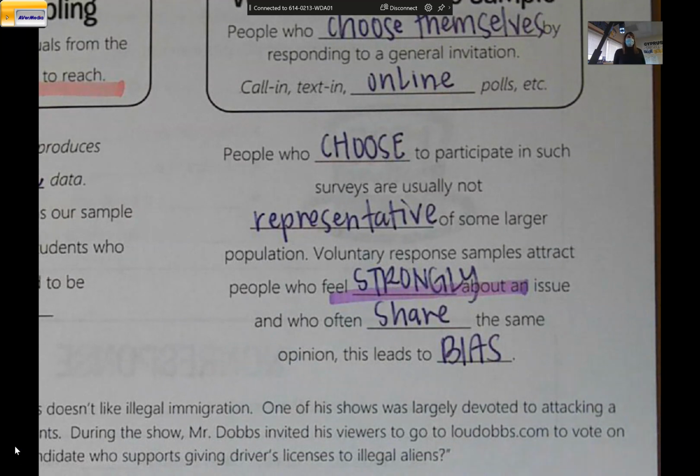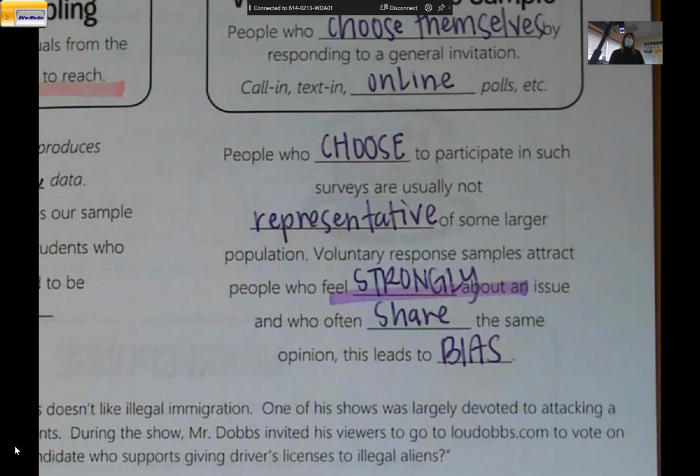So I get the survey and I'm like, I ain't got time for that, and I throw it away. I bet you the only time that I'm ever really gonna fill out the survey is when I'm mad, because the secretary wasn't nice, or because I had to wait 30 minutes before I could go in. The only time that I'm going to go out of my way to do this is if I feel strongly encouraged to do it. And that is not representative.